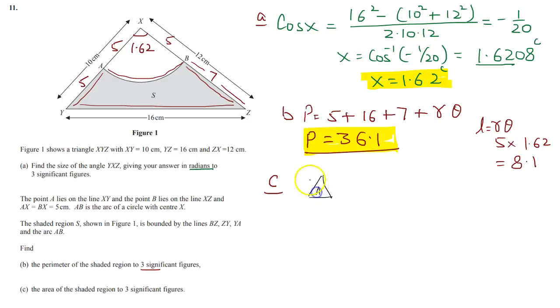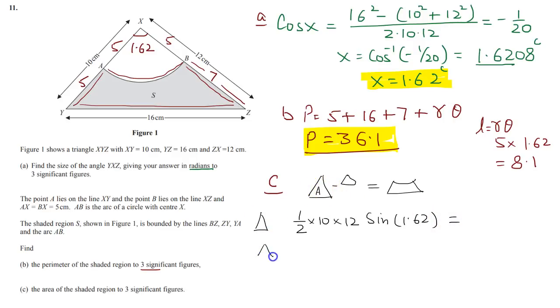This area minus this area will be equal to this area. So area of a triangle is half AB, that is 10 multiply 12, sine angle between them 1.62. That is the area of this triangle.